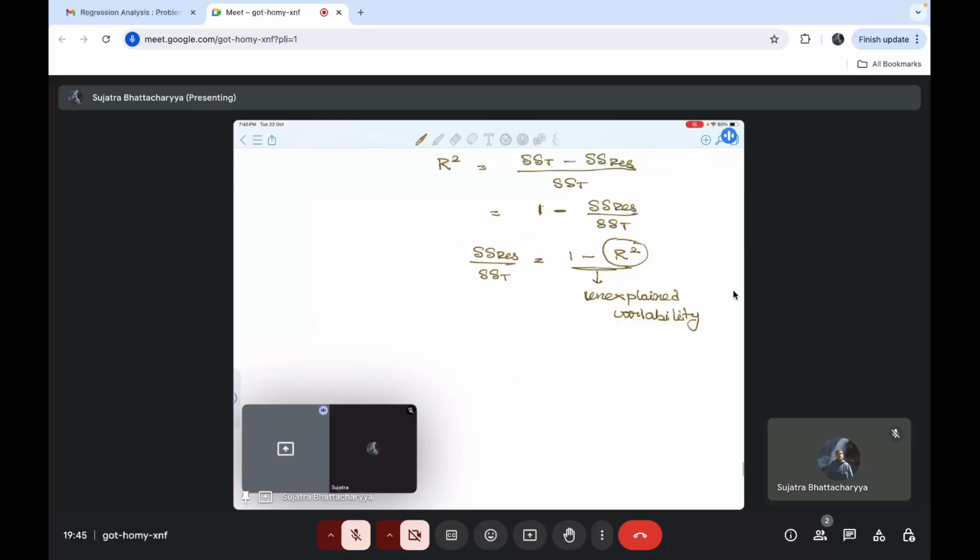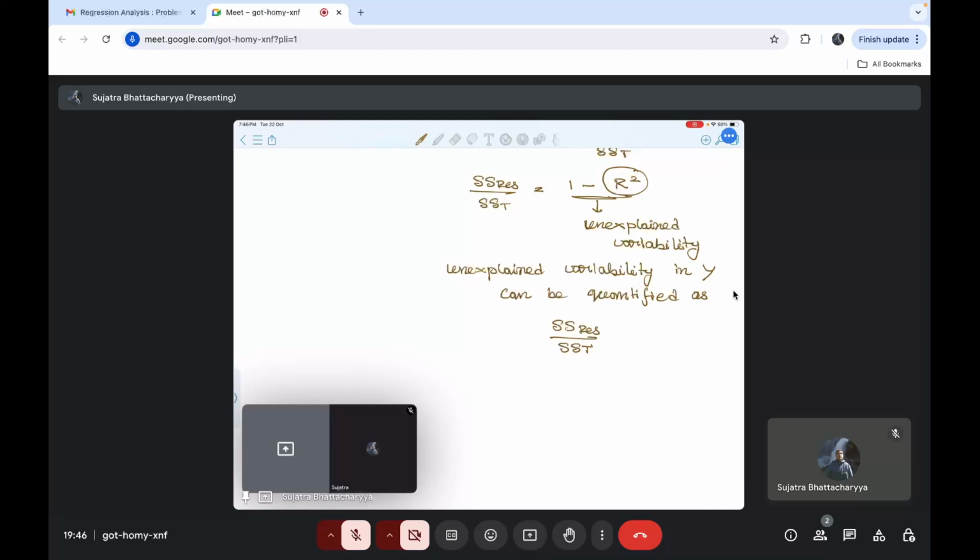Therefore, we can say that the unexplained variability in Y can be quantified as SS residual divided by SS total, right? So this is the thing which you need to calculate.